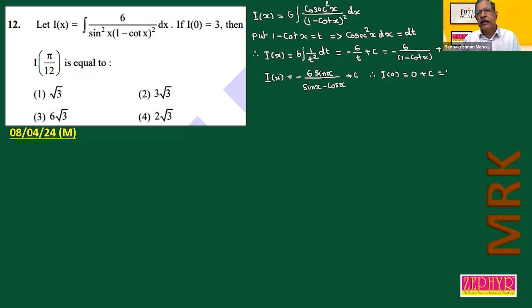It is given that this is equal to 3. Therefore, I of x is equal to minus 6 divided by 1 minus cot x plus 3.